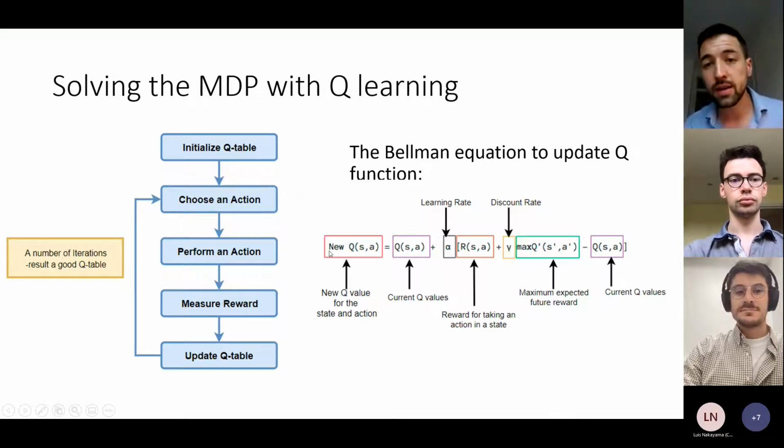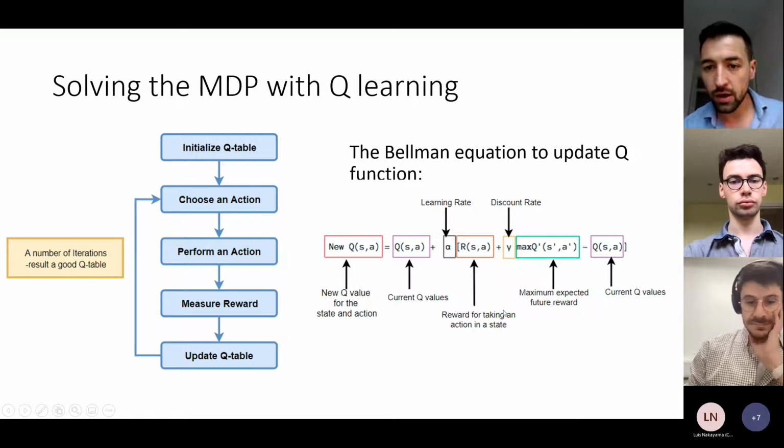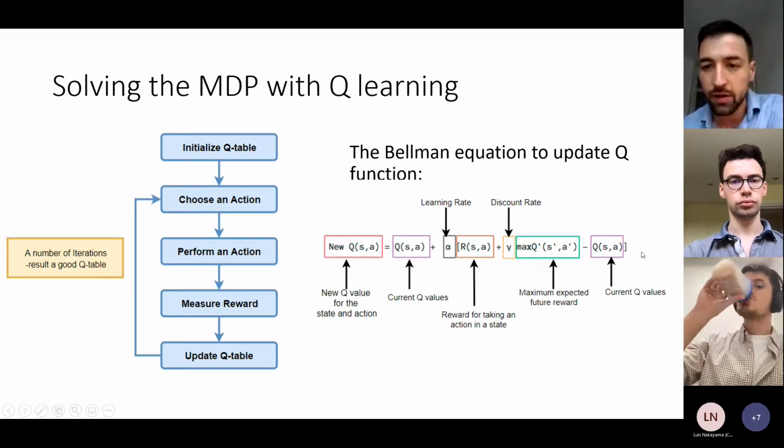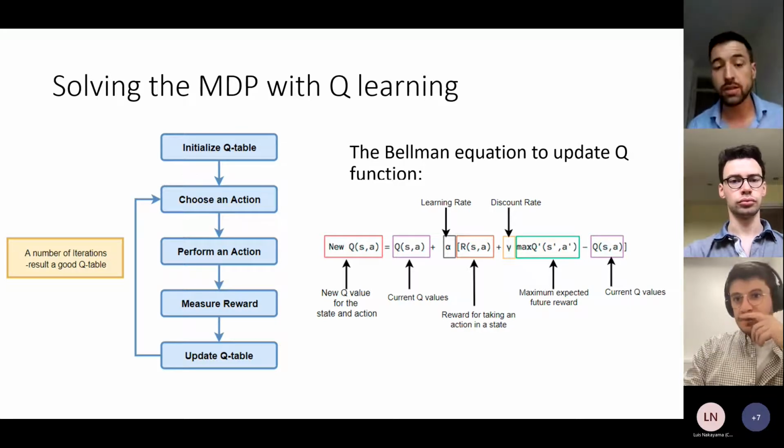The most common way of doing this is by using the Bellman equation. You need a learning rate, a discount factor, and a number of elements from your MDP. This is basically learning the Q function from experience, from observation, from generating random trajectories at the beginning, and then iteratively updating the Q function.